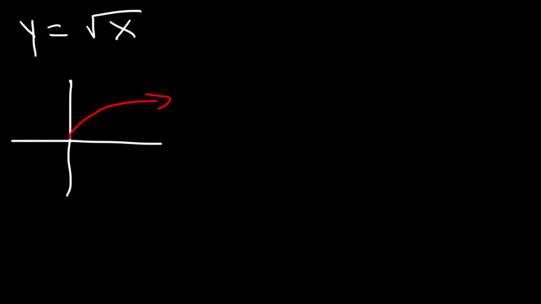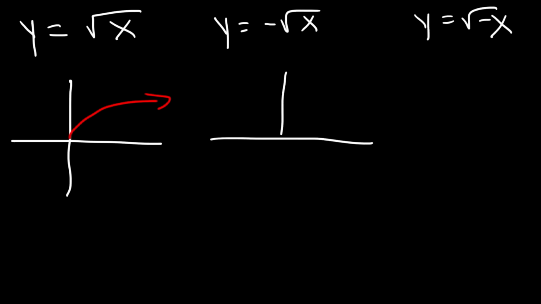Now what about this one? Let's say that y is equal to the square root of x. And the parent function looks like this. Go ahead and graph y is equal to negative square root x, and then square root of negative x. You can put it here, and then we'll do one more.